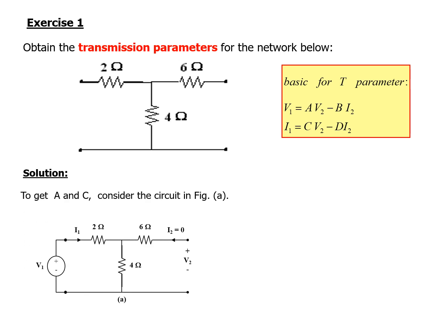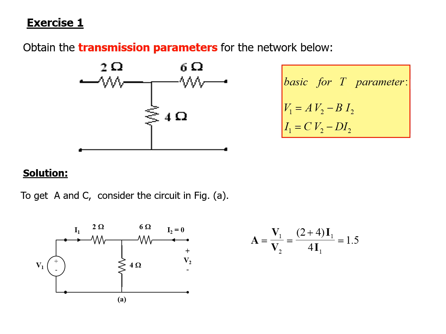Now for the solution, we attach a voltage at port 1 and open circuit port 2, so it becomes as shown in figure A. A is simply V1 over V2, so we know that V1 is the voltage of the 2 ohms plus the 4 ohms voltage, and V2 is just the voltage across the 4 ohm resistor.